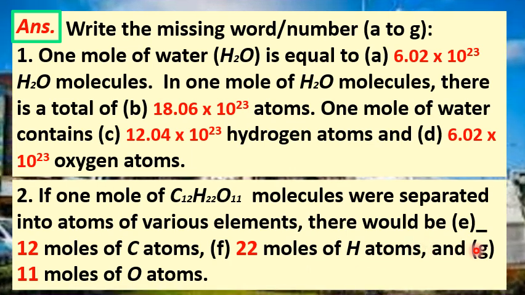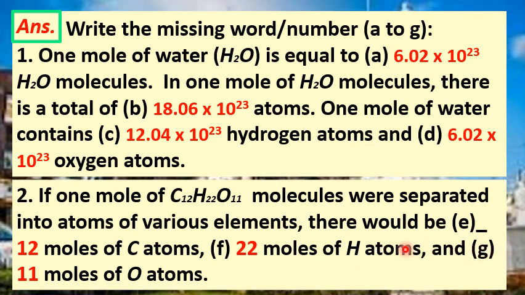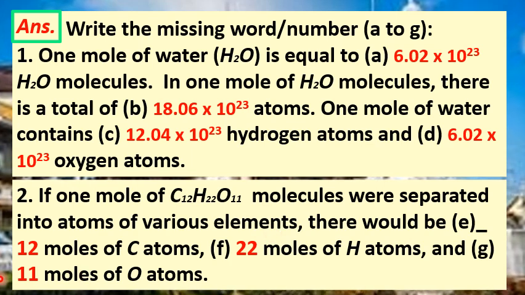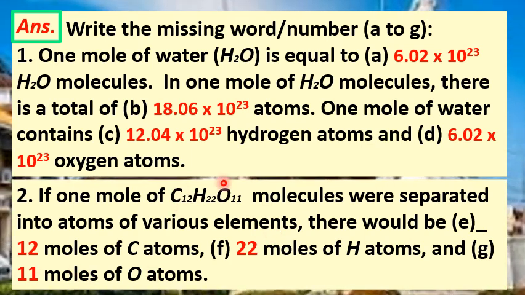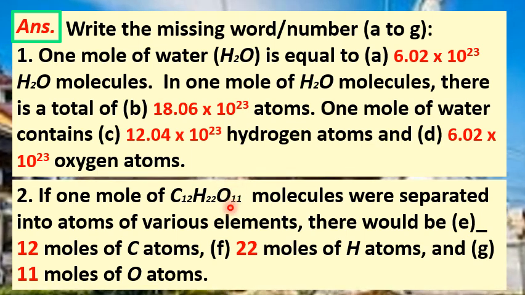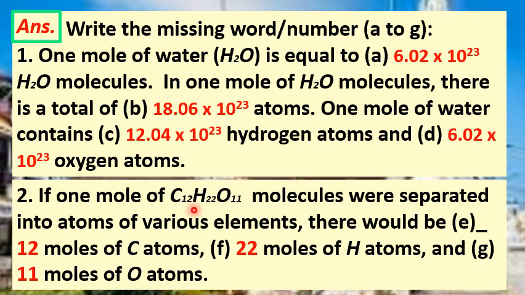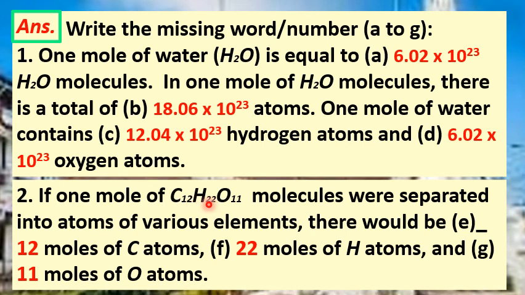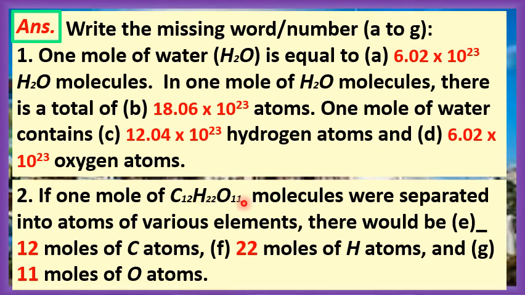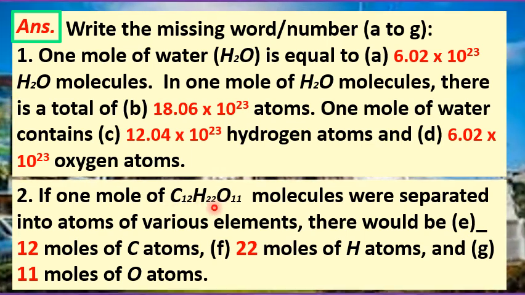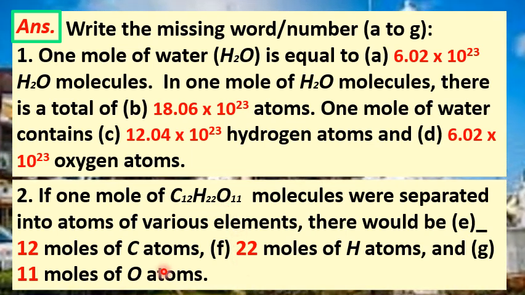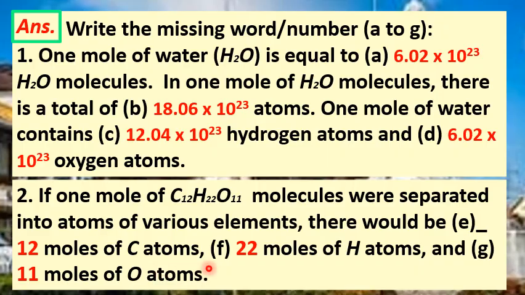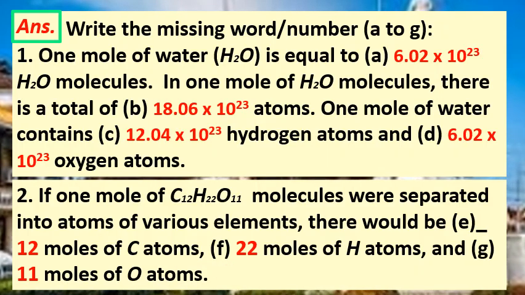And lastly, for letter G, the answer is there are 11 moles of oxygen atoms, because the subscript of oxygen in this sucrose molecule, or 1 mole of sucrose molecules, simply means that there are 11 moles of oxygen atoms.